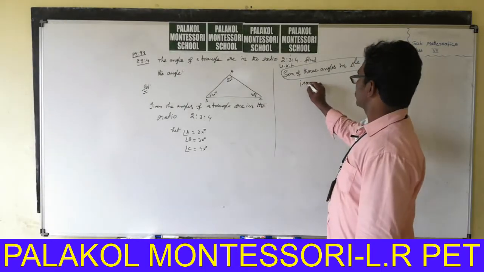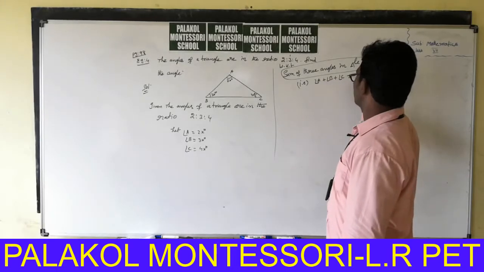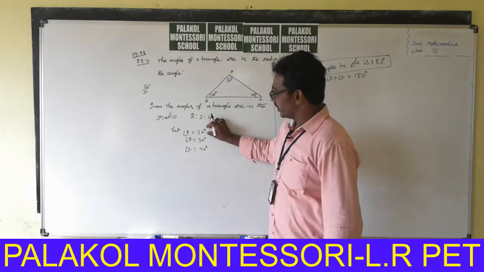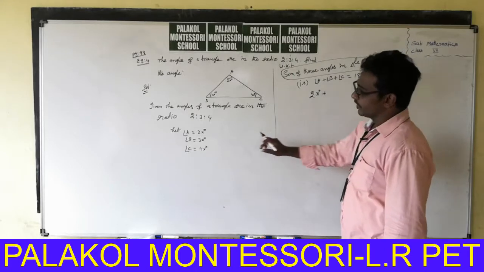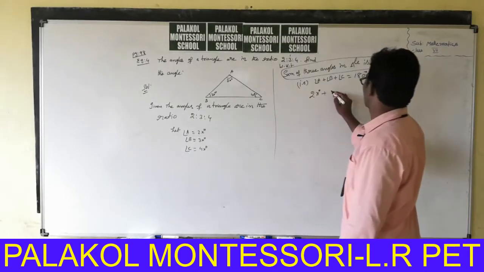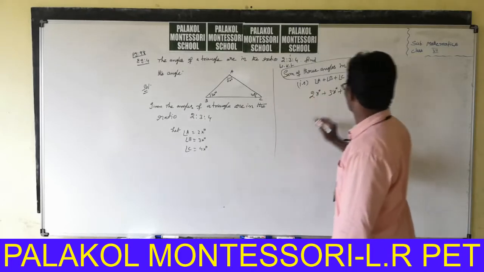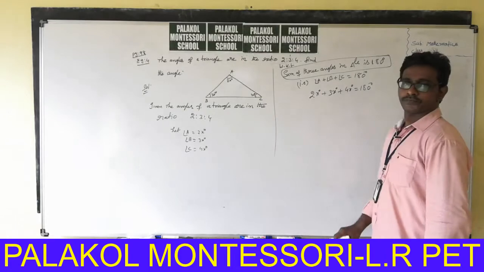That means angle A plus angle B plus angle C is equal to 180. Angle A value here 2x, so 2x degrees. Angle B value 3x, so 3x degrees. Angle C value 4x, so 4x degrees is equal to 180.